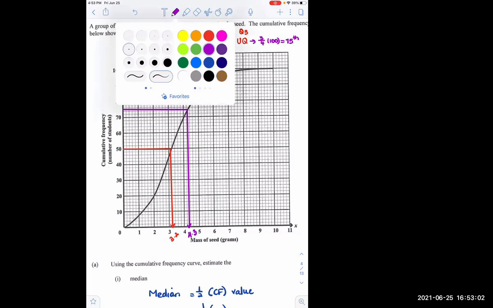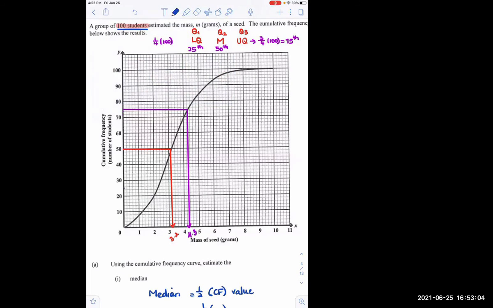For the 25th value, we go straight across and downward, so here is 2.3 grams. This is Q1, this is Q2, and this is Q3. You understand how I got those values?